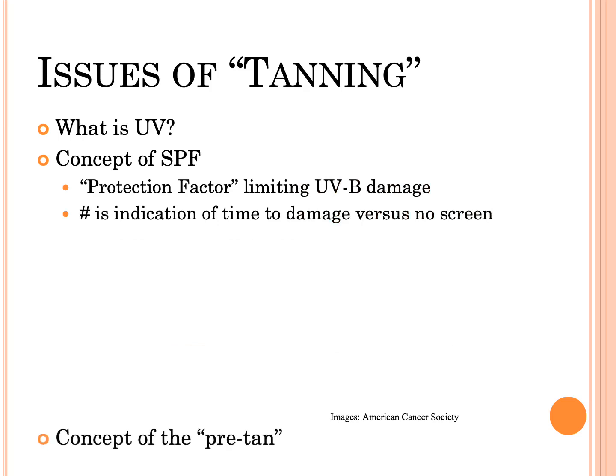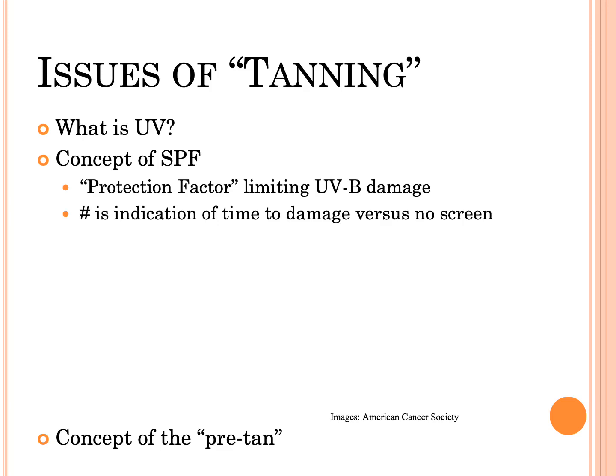Which leads us to a concept that some people will reference as being a pre-tanning episode. We usually don't have pre-tanning so much in California. However, we can get it with the tanning salons where you'll lie underneath the UV lamps. In that case there, you're looking at UVB lamps. The problem with the tanning is that what it's doing is it's increasing the amount of exposure that you get to the UV radiation.